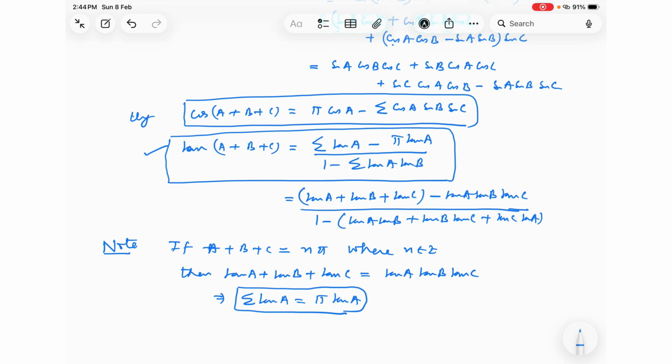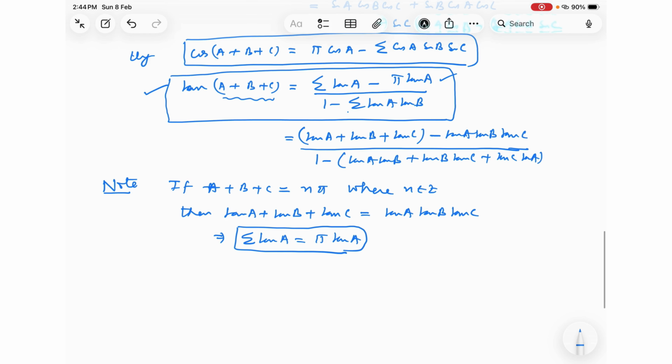The reason is, if A plus B plus C is n pi, any multiple of pi, tan of A plus B plus C becomes 0. Therefore, if numerator divided by denominator is 0, naturally sigma tan A will be equal to pi tan A. That is the first point in the note.